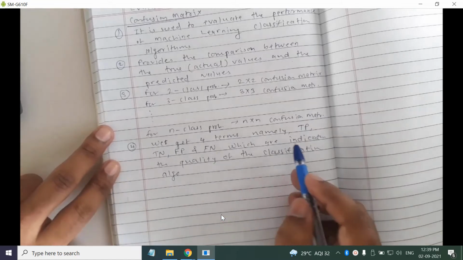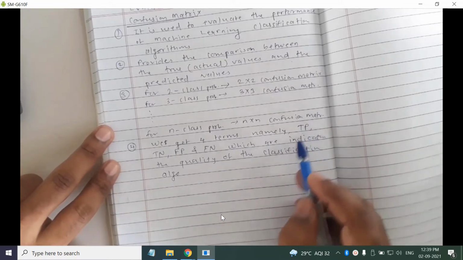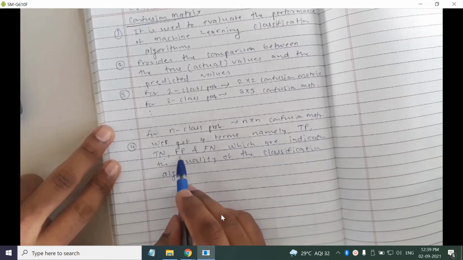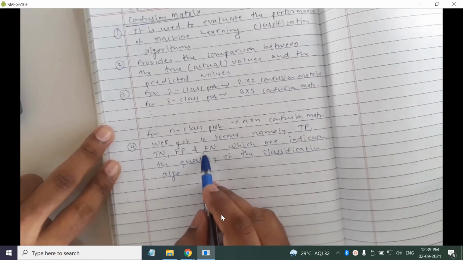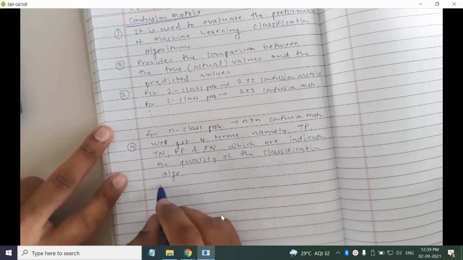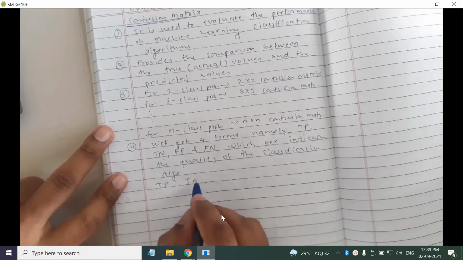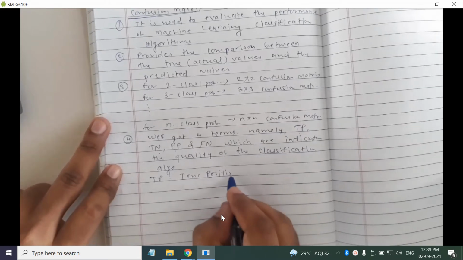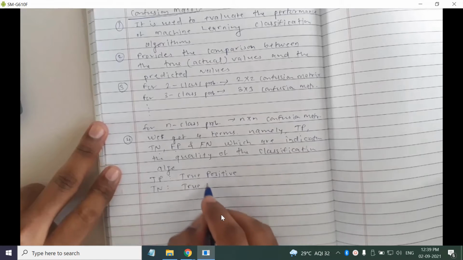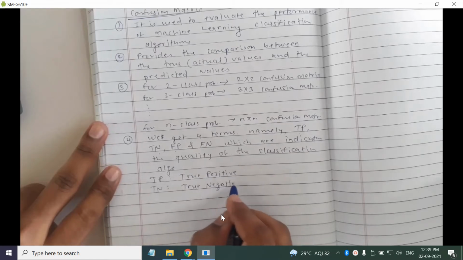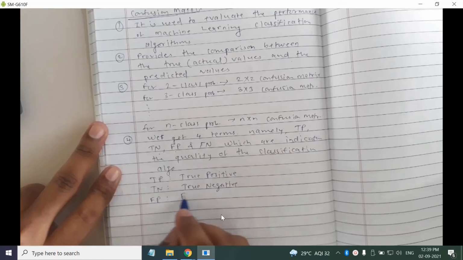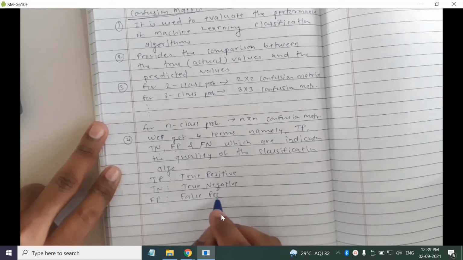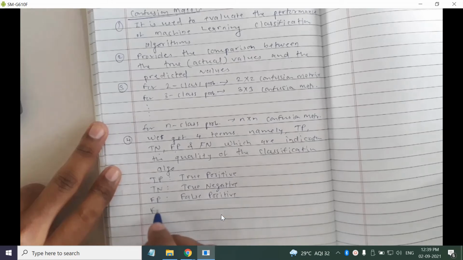So in confusion matrix we get these 4 terms, namely true positive, true negative, false positive and false negative. TP stands for true positive, TN stands for true negative, FP false positive and FN false negative.